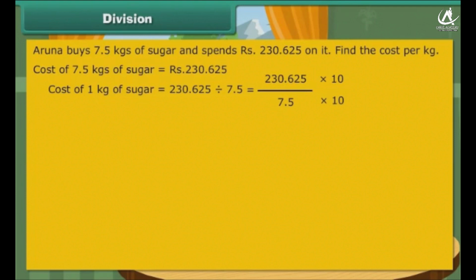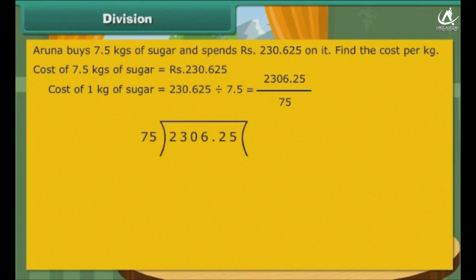A multiplication by 10 shifts the decimal point to the right by 1. Now we divide 2306.25 by 75. Write the two numbers down as shown.